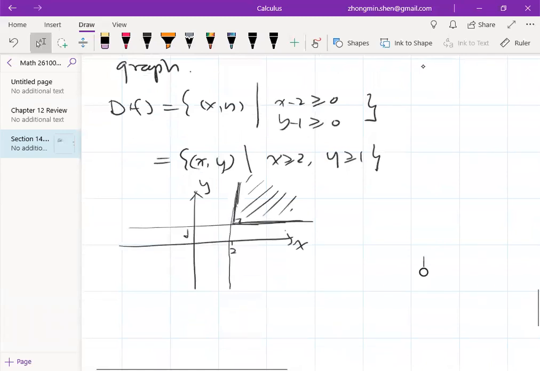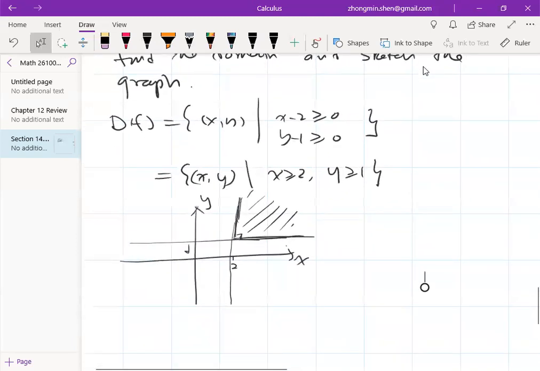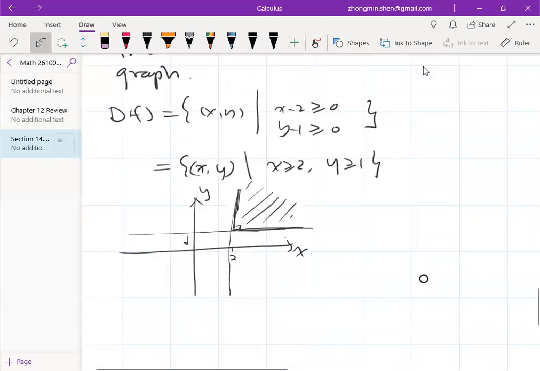Now the difficult part is going to be the graph. Almost impossible to draw it, right? So let's look at the value along each side of this domain.